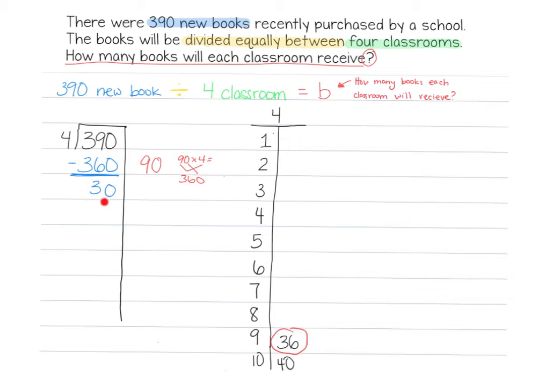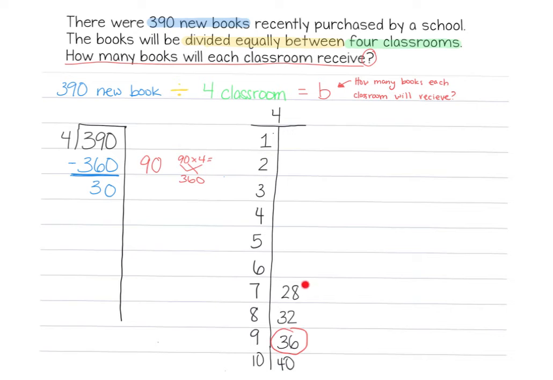So now we have 30. Can we divide 30 into 4 groups? Yeah, we can. What number over here is close to 30? 28 and 32 are both close to 30. However, we can't go over 30.